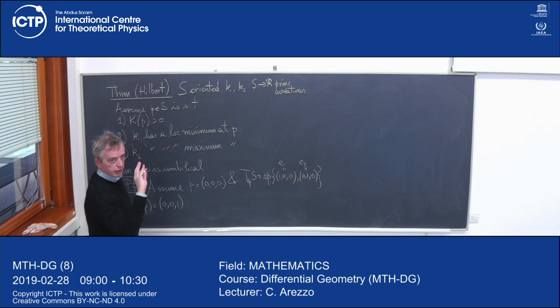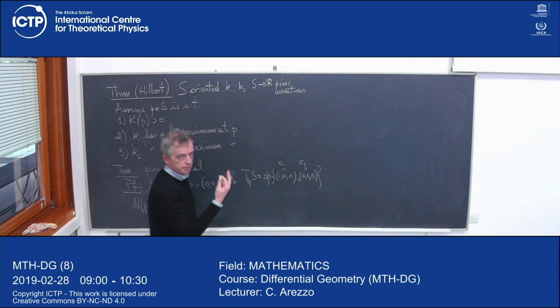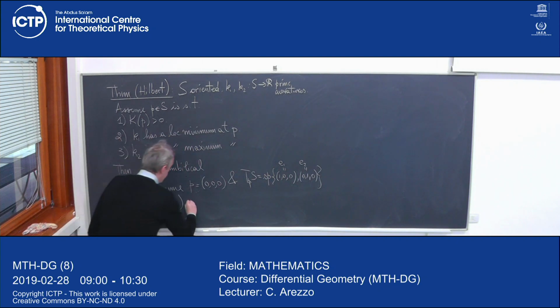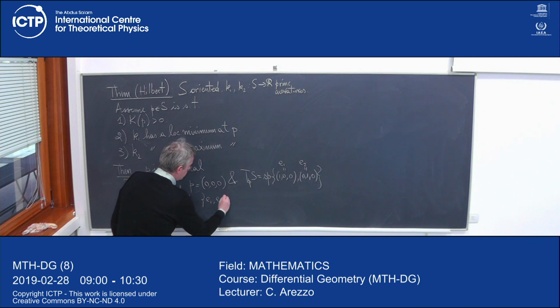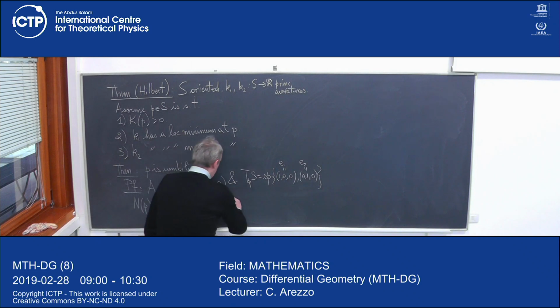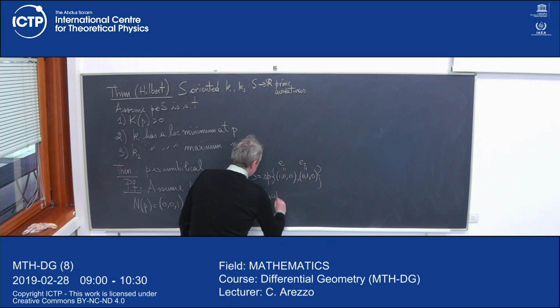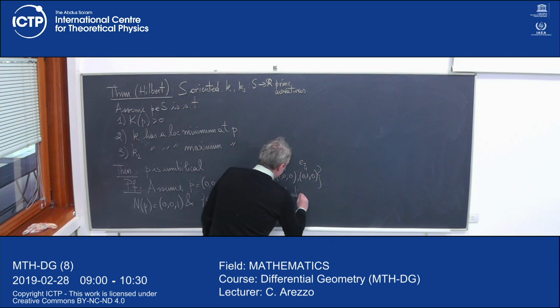So why not use this degree of freedom to decide that these two are actually the principal directions at this point, with the obvious notation. E1 will be the principal direction corresponding to K1, and E2 is the principal direction corresponding to K2. These are eigenvectors, and those are the eigenvalues. These are the principal directions.